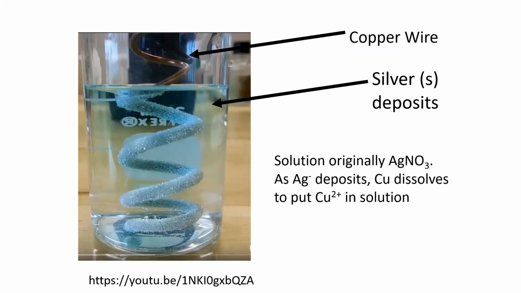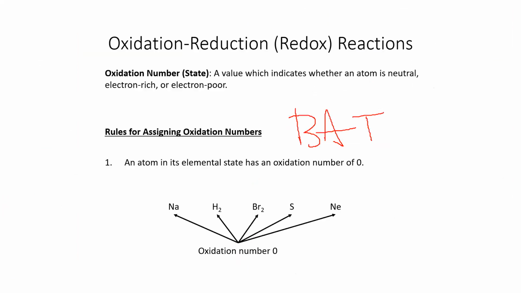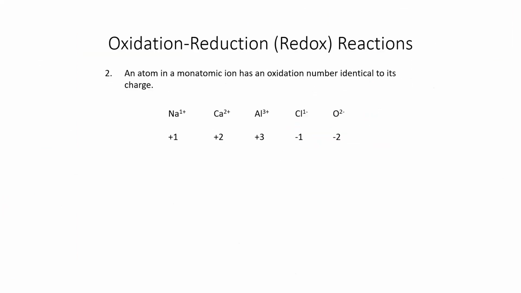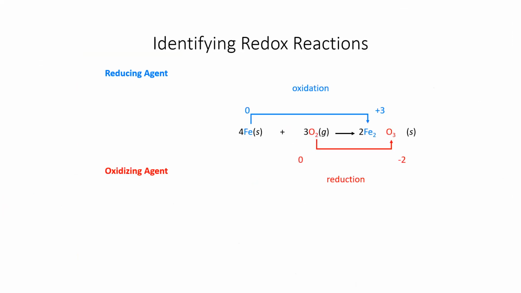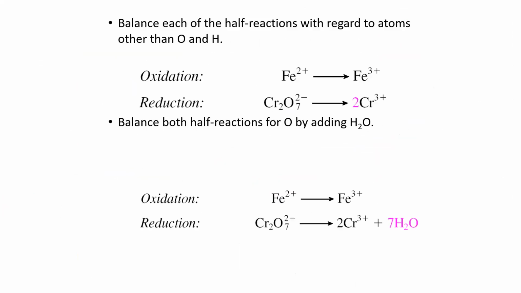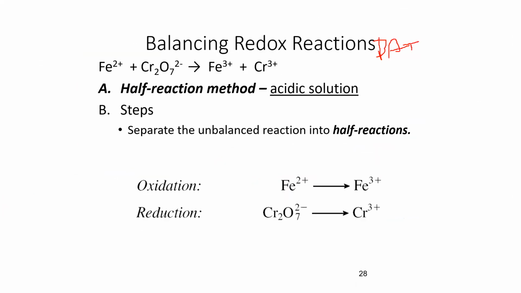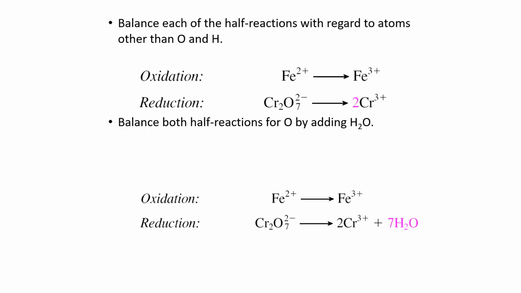I can figure out how many electrons are going on. Otherwise, you're going to have to do this longer method of balancing things. But it's got a series of steps. Write out the half reaction, and then you're going to do non-OH.